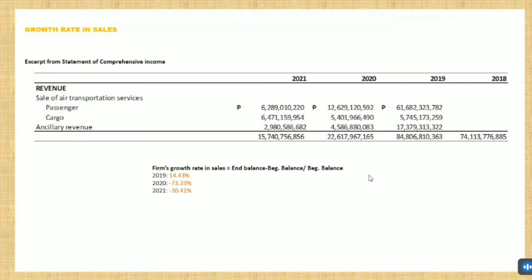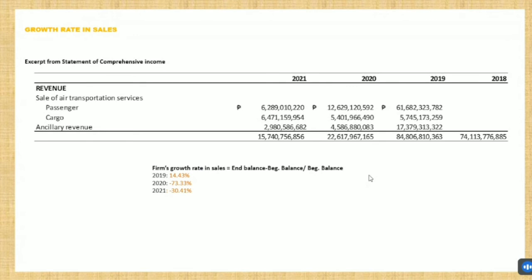So makikita natin na even naka-recover na sila pero hindi pa rin siya reflective sa kanyang growth rate in sales, pero nababawasan naman yung paglaki niya kasi yung paglaki niya nung 2019 is 73%, tapos yung pagkababa niya naman noong 2021 is somehow lower with 13.45, tama ba? 30.41%.